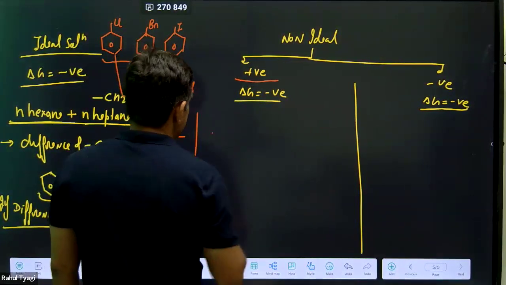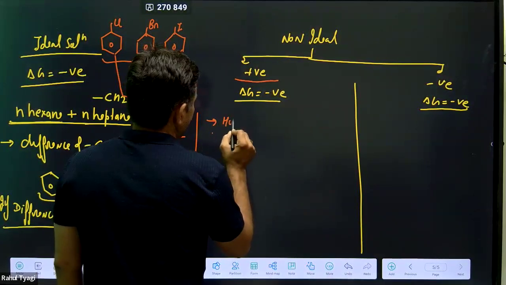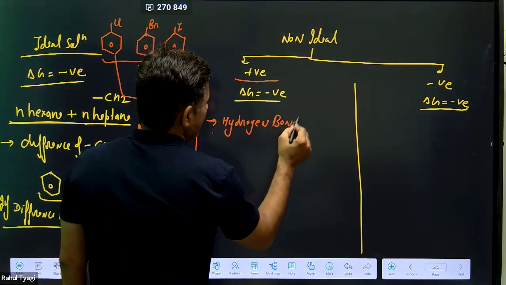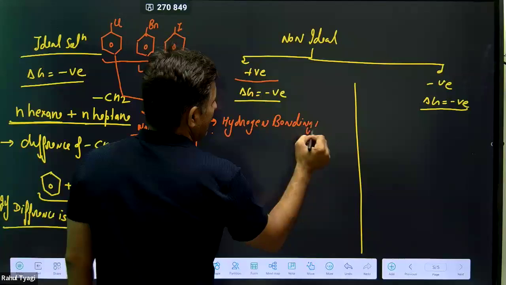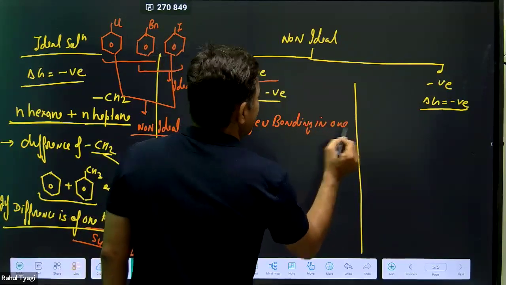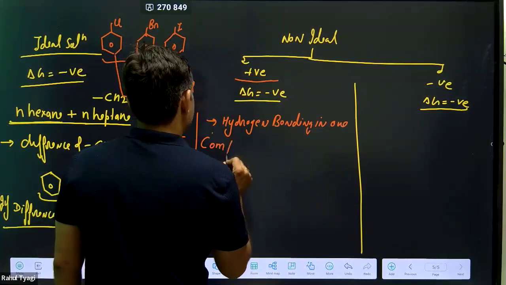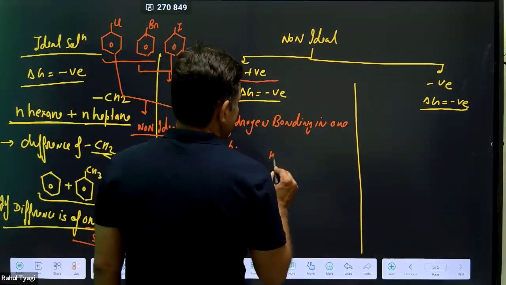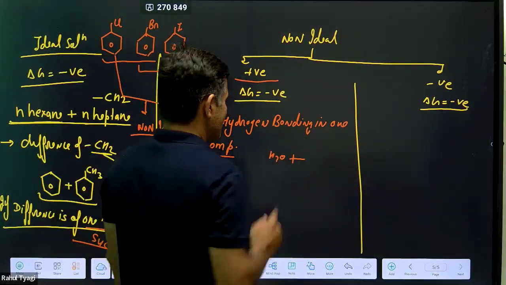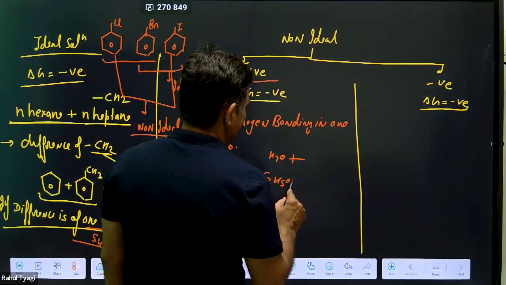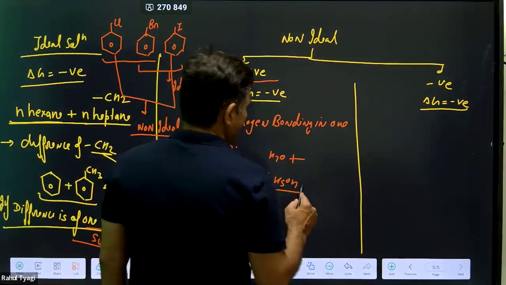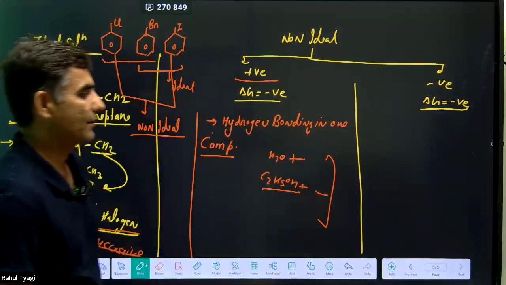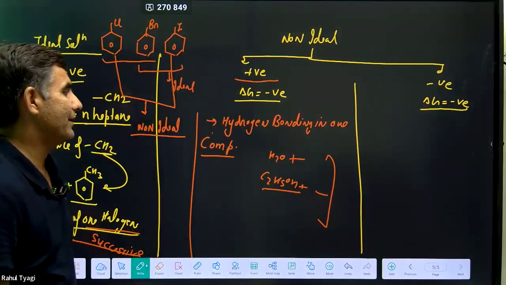If there is hydrogen bonding in one compound, for example whenever water is there, or whenever C2H5OH is there, hydrogen bonding is there, it will form the positive deviation. It will create the positive deviation.